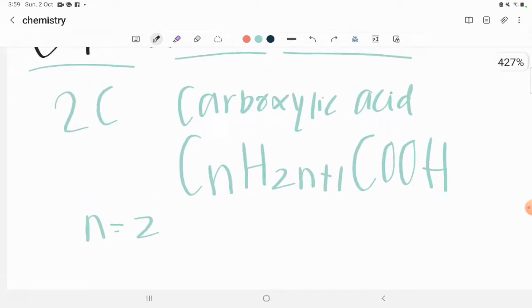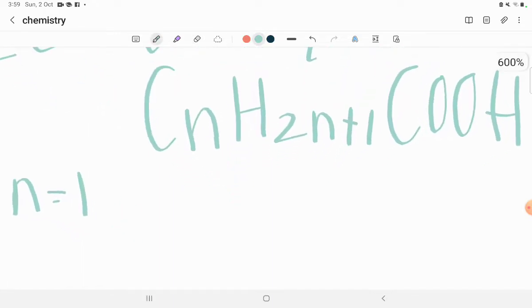You have to take note that there's one C over here and another C in the COOH, and since ethanoic is for 2 carbons, we already have 2 carbons. So n is not equal to 2, n equals 1.